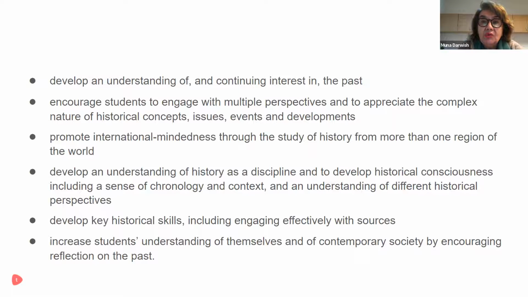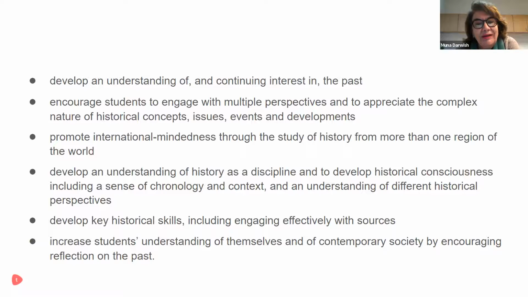The course also enables us to develop key historical skills that are facilitated by paper 1, whereby our students engage in the analysis, evaluation, and synthesis of both primary and secondary sources of information.